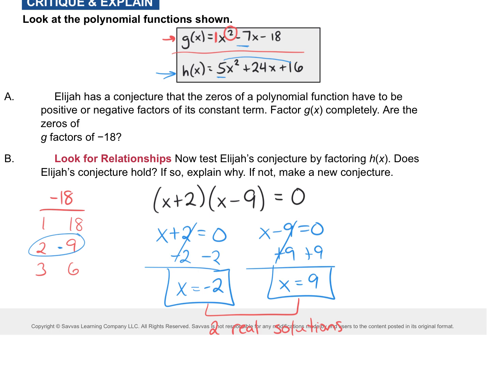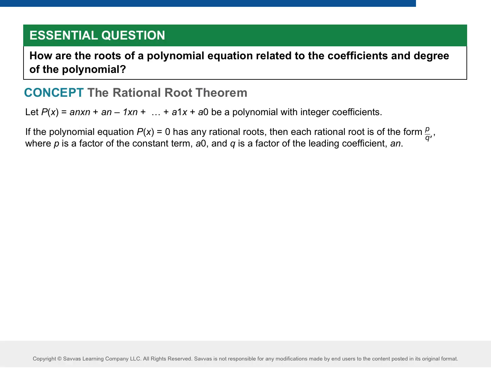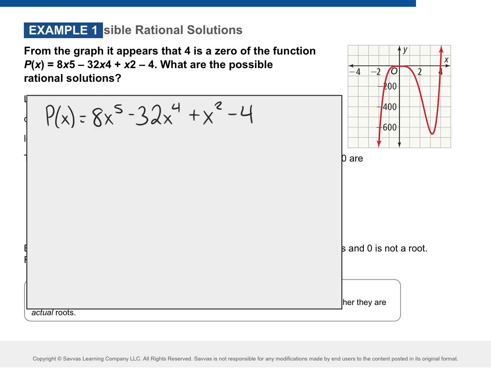So I want you to flip your notes to example 1. I want to focus on that graph real quick. Remember the solutions, are they our x values or y values? X. They're the x values, okay? How many x-intercepts do we have on that graph? 4.